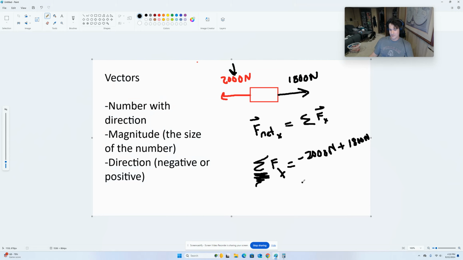Our net force in the x direction, F net x, is equal to negative 200 newtons, which, suffice it to say, means this box, I haven't even given a mass, this is just for forces, is going to be accelerating that way. And you would say, oh, 200 newtons to the left, and then if we knew the mass of the box, we could figure out how much acceleration, for example. This is all fine and good. Hopefully you're saying it's not that bad.